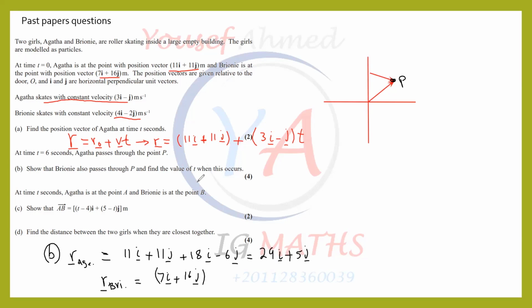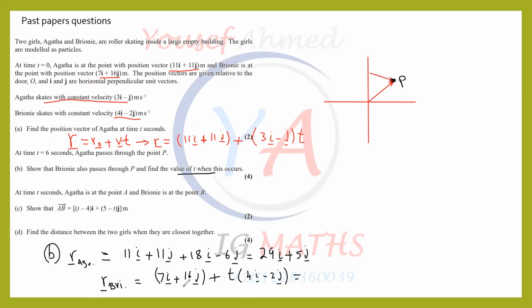This is r node plus the time t multiplied by her velocity, which is 4i minus 2j. You must take a hint here not to use the time as 6 for Biruni, because we need to know after how much time Biruni will be at the same point where Agatha already reached. So do not use the time as 6 here. You will just find the position vector for Biruni.